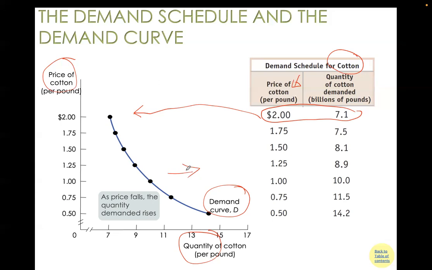Anyway, this is the demand curve. In other words, the demand curve shows the relationship between quantity demanded and price, or how quantity demanded responds to price change. But again, the price is a signal to you.